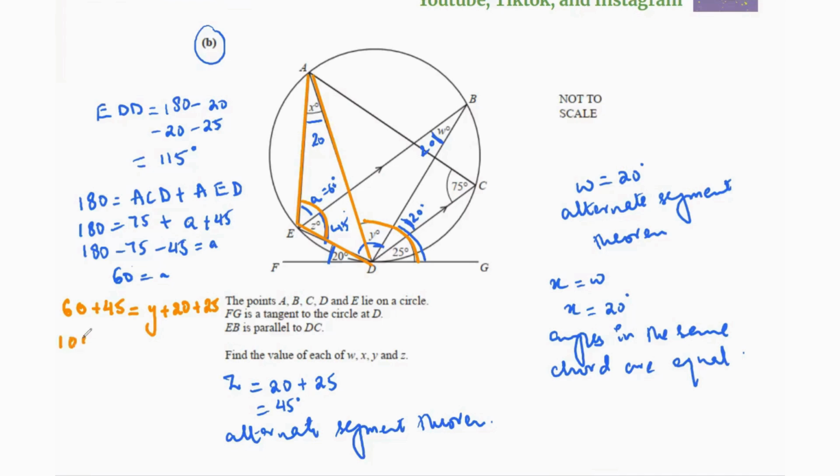So 105 minus 45 equals Y. 60 degrees. That's your value of Y, and that's your answer for this question. It's slightly confusing, but once again, you have to break it down and do it step by step. If you don't do it step by step, you're bound to get confused.